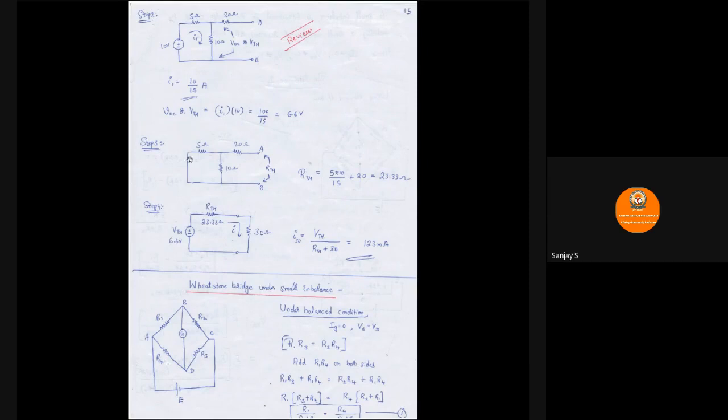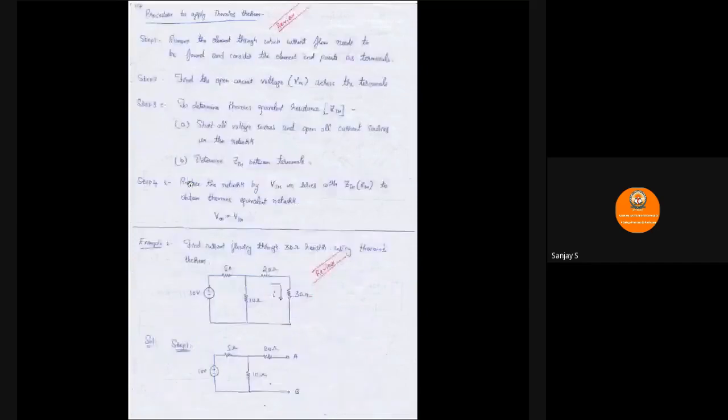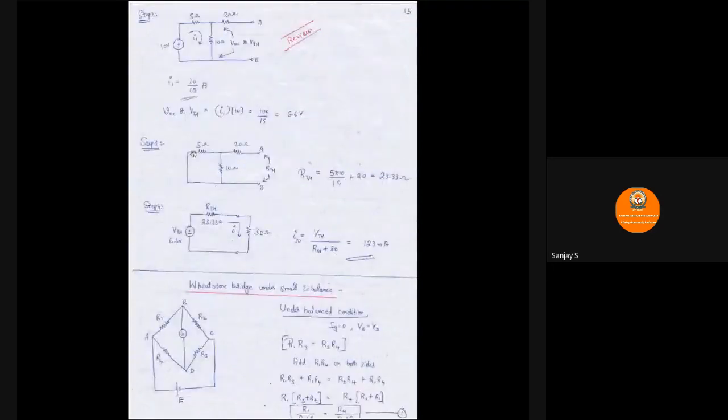That is, I have replaced the battery by a line. Here you can see there was a 10-volt source. This is just replaced by a line now, a short circuit. So if you replace that by a connecting conductor, you are having 5 ohm, 20 ohm, 10 ohm, and now I am supposed to find the equivalent resistance here. So how do you find the equivalent resistance? 5 and 10 are connected in parallel.